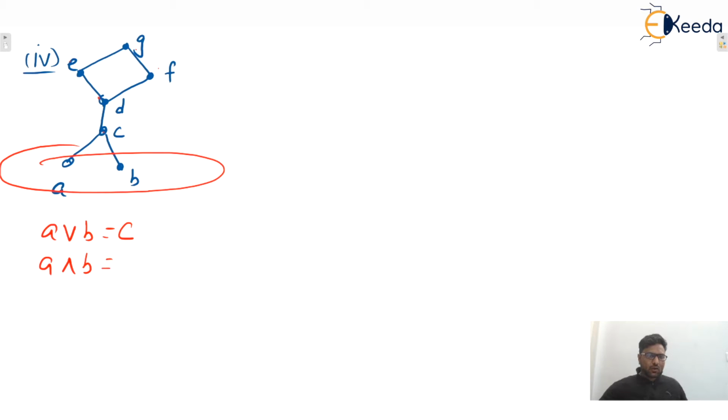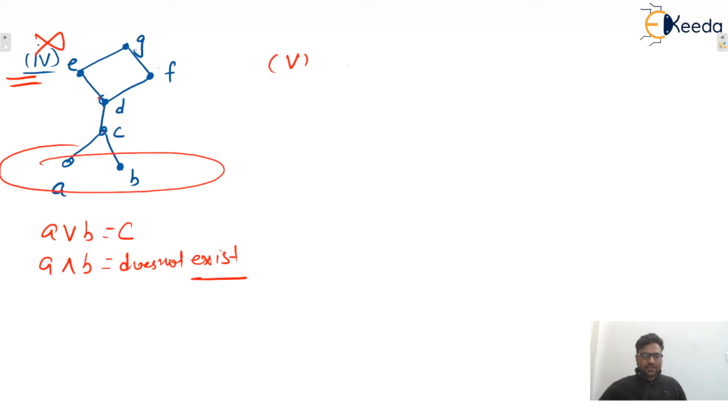We can say that the lower bound of A, B does not exist. So if a lower bound does not exist, then there is no meaning of greatest lower bound. If there is no lower bound, then there will be no greatest lower bound. So we can say that this one is not a lattice.